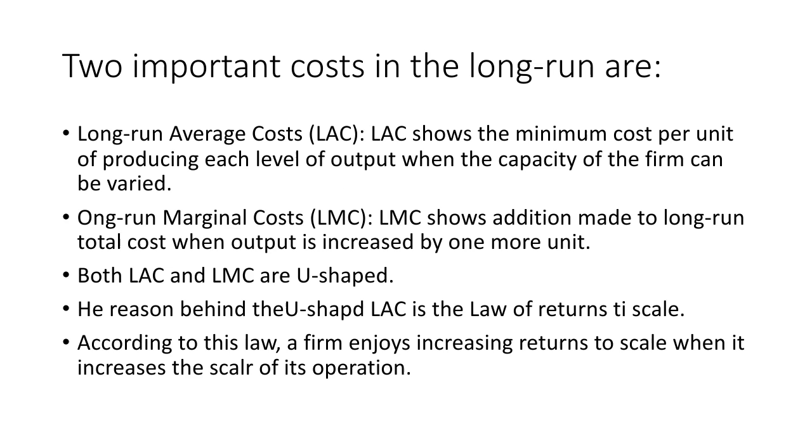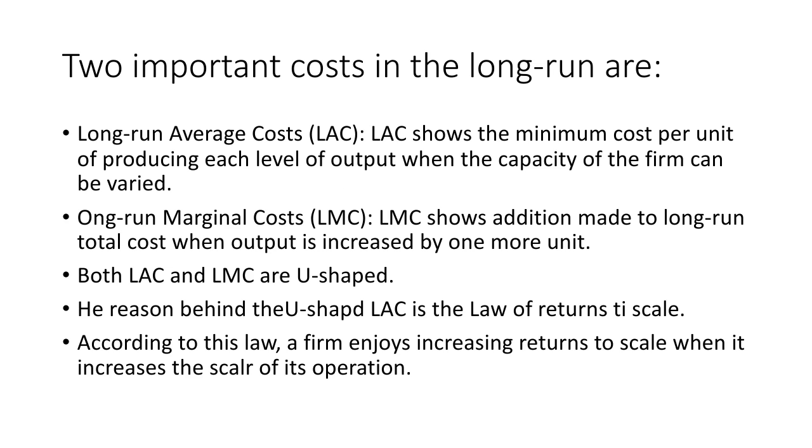Then long run marginal cost, it is written as LMC here, it should be long run, so please correct it. Long run marginal cost shows the addition made to the long run total cost, like that of the short run marginal cost, which was the addition made to the short run total cost or total variable cost when output is increased by one more unit.